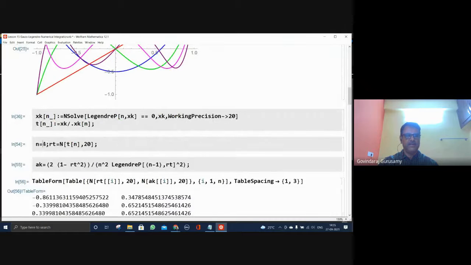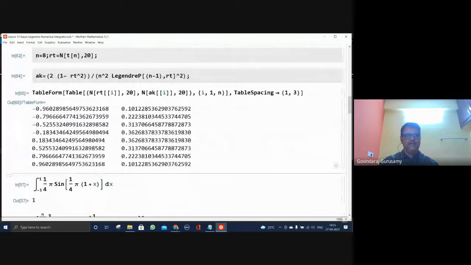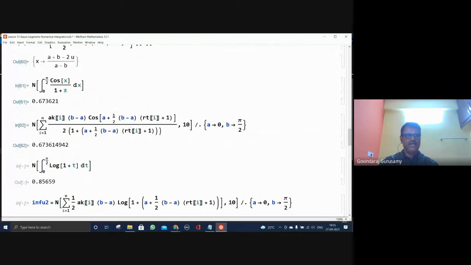So I'll increase this number to, say, 8. So this is the root of the 8th polynomial, and that weight function comes and sits here. Now I can check whether this is going to improve or not. It should improve. It is, right? It's improved now. If you put it in number form, this must have a bigger number, and that can also be compared.